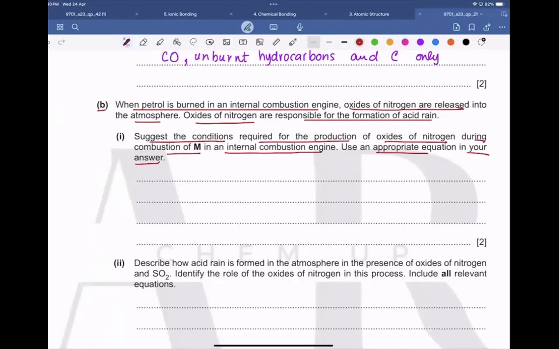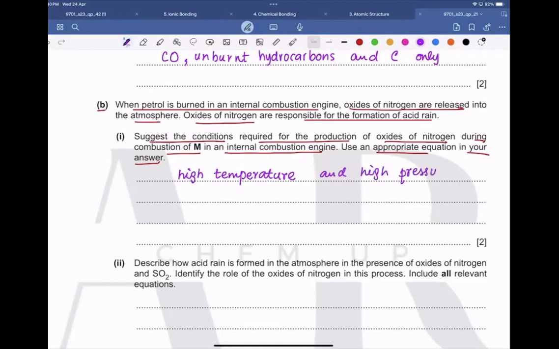Okay, so if you recall, nitrogen and oxygen react with each other to form oxides of nitrogen, and inside a car engine, or an internal combustion engine, there is a high temperature. Yes, very good, Hassan. And high pressure.